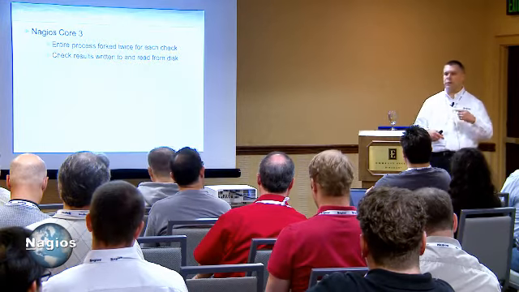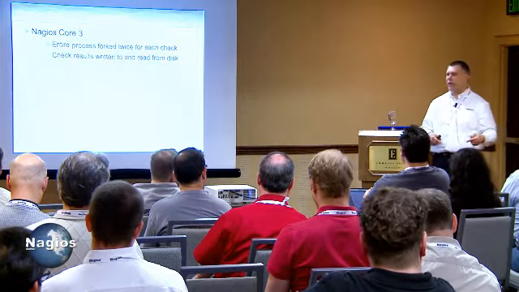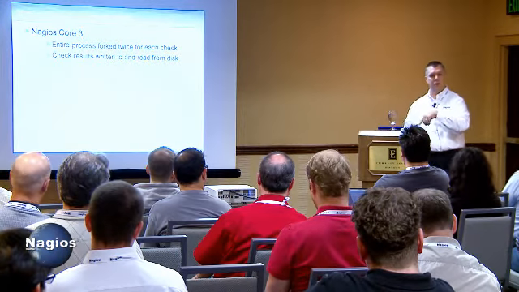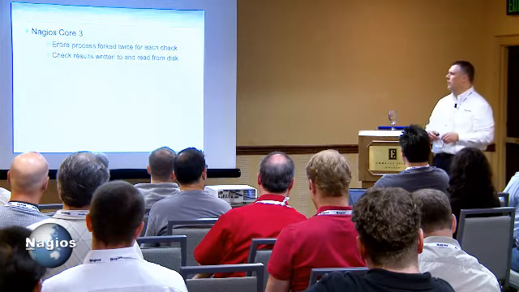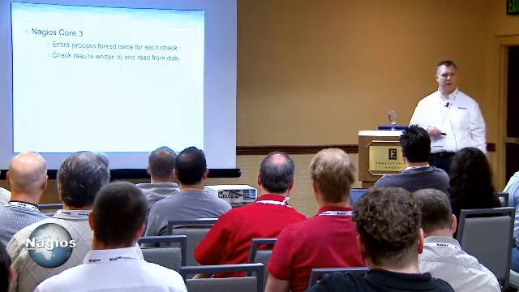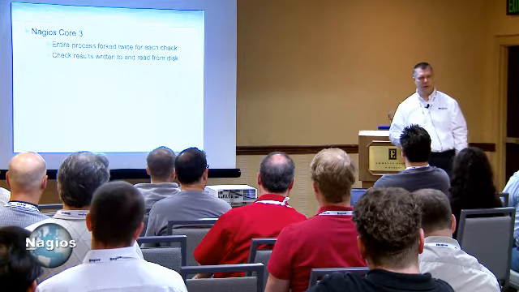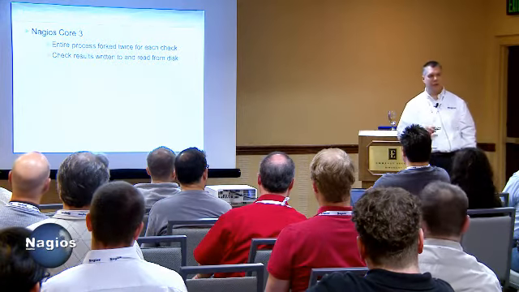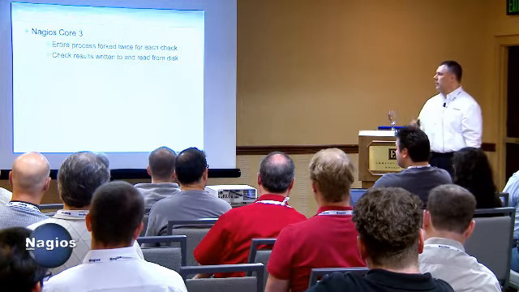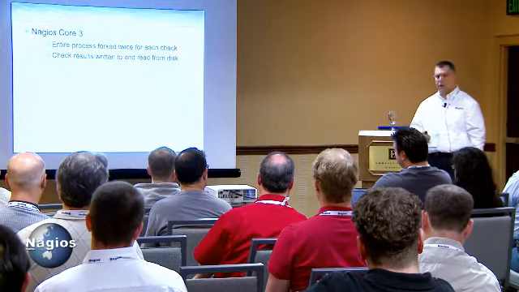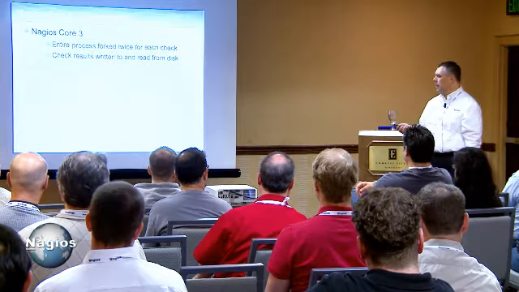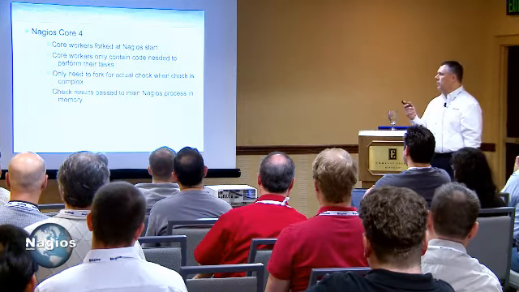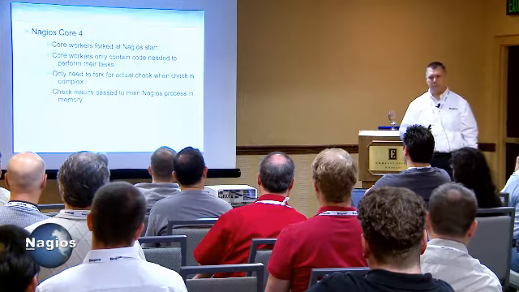And then there was a Reaper process in Core that would periodically go out and look at a directory and say, oh, have I got any check results that I need to process? Anybody that's worked any time in IT knows that the slowest part of any computer system is the disk I/O. And so this was a bottleneck that was in Core 3, and it no longer exists in Core 4 because of the introduction of core workers.